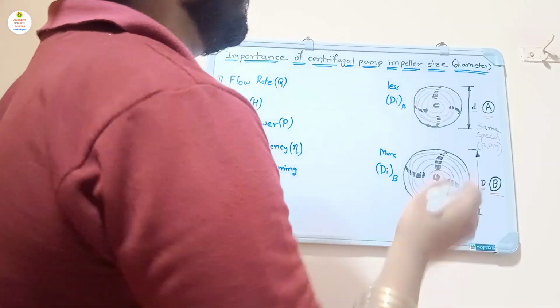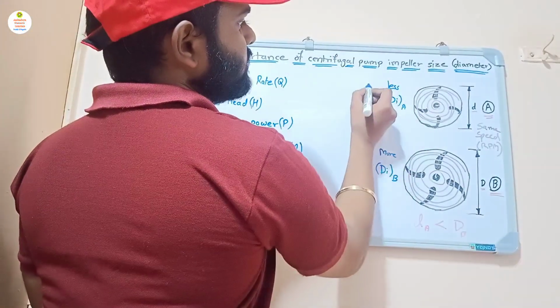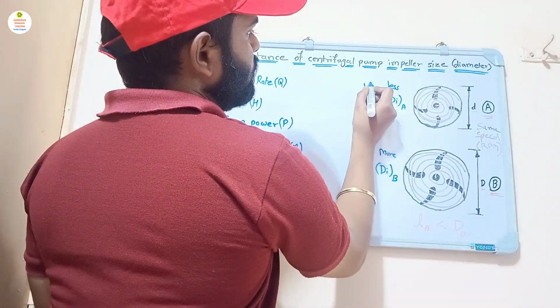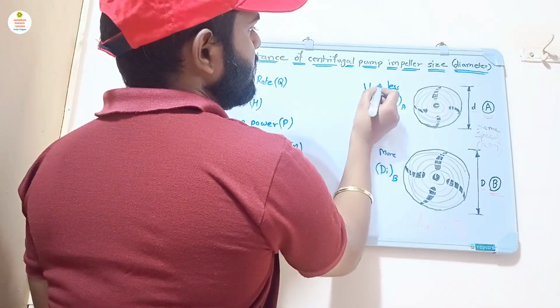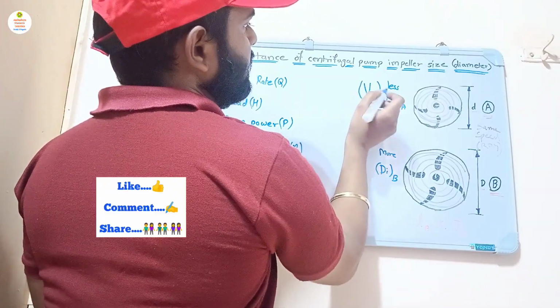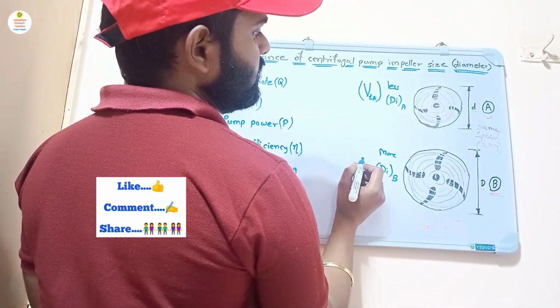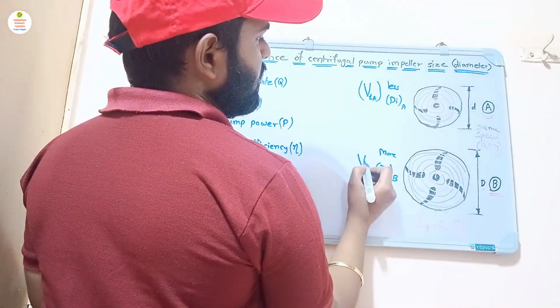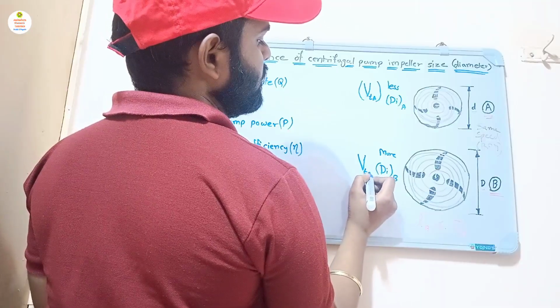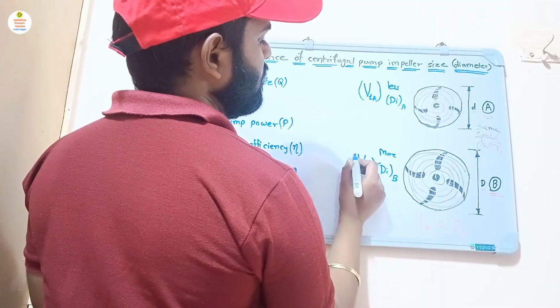Here, tangential velocity v in the case of A is less, and in this case the tangential velocity v in the case of B is more.